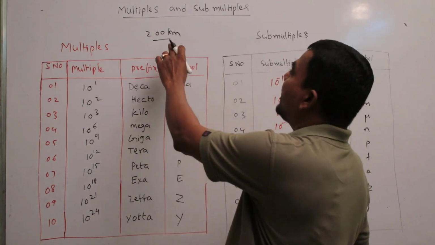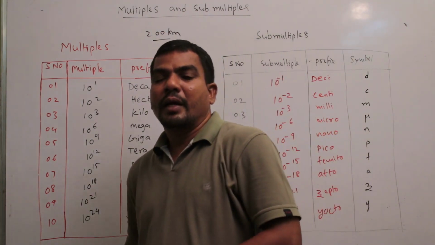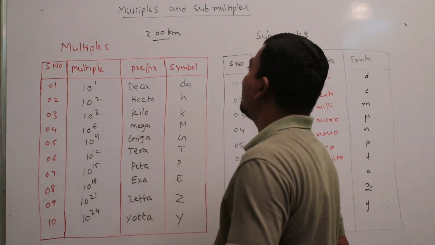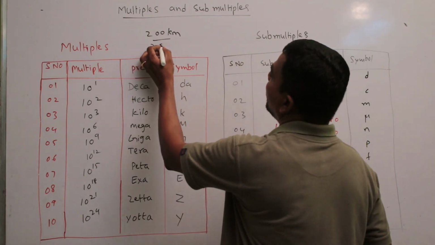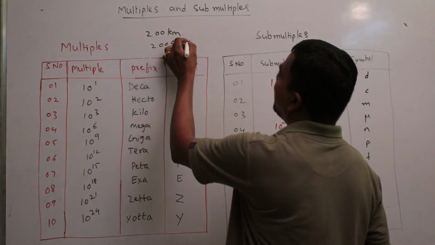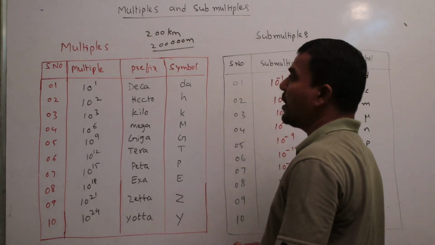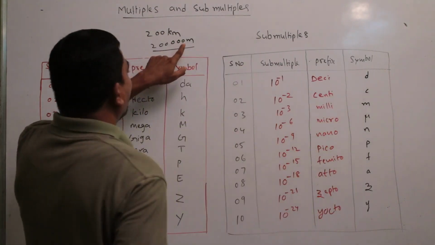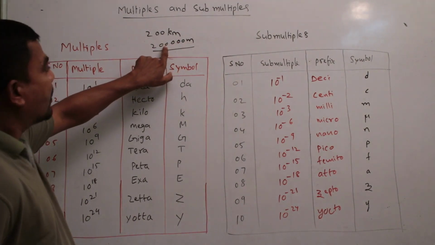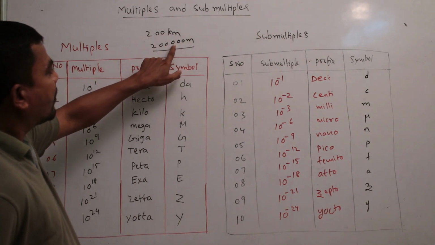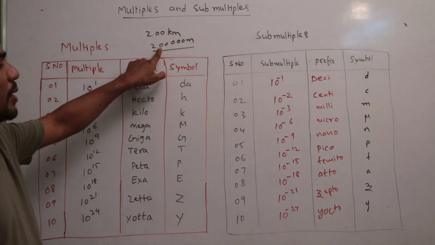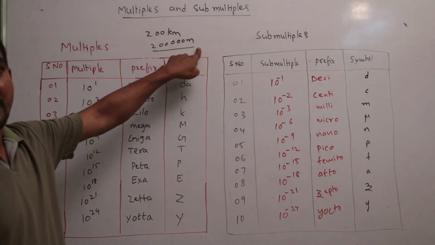This is the distance between our country's capital Delhi and the city of Agra. This can be written as 200 kilometers, which is 2 lakh meters. So 2 lakh meters is the distance from Delhi to Agra.